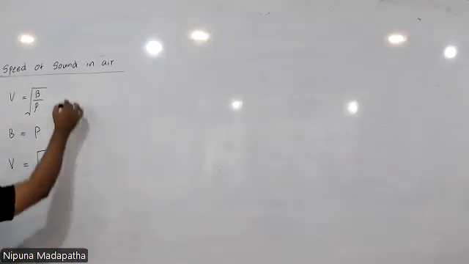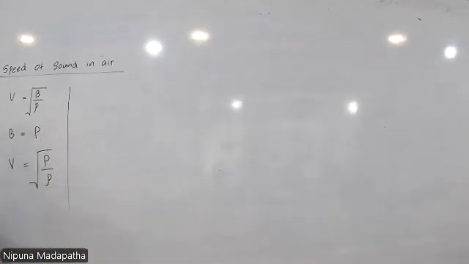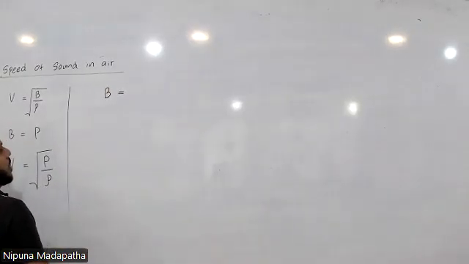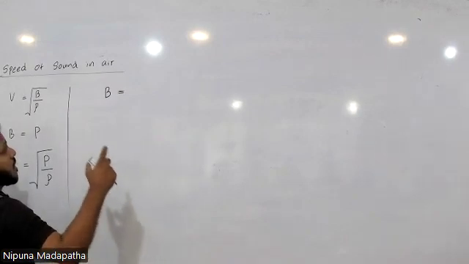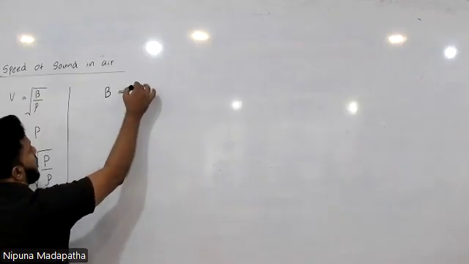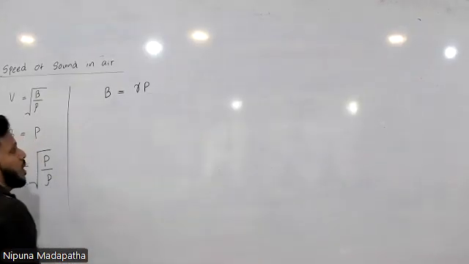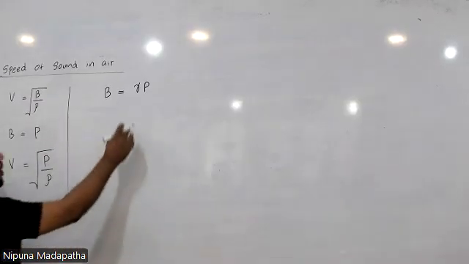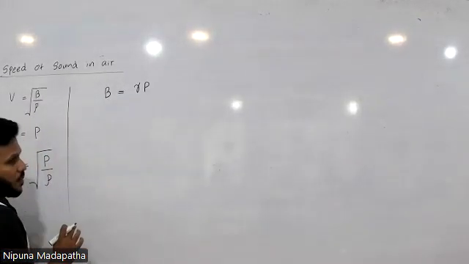But lately, Laplace, Simon Laplace, the scientist, gave a correction to this. He thought that when the sound wave propagates in an air medium, the process is adiabatic. Therefore, the bulk modulus is given by gamma times P. Not only is the pressure a factor that decides the speed, it also involves another quantity, gamma.